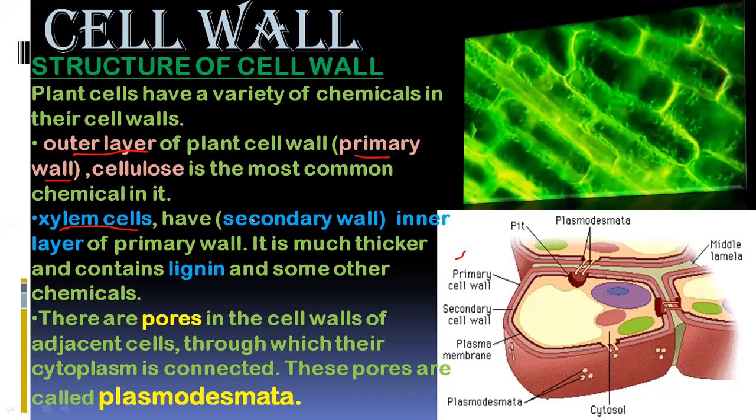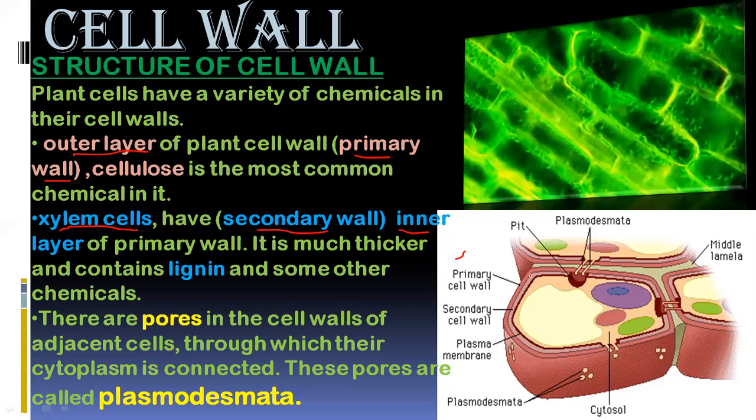So for more toughness, they have another wall inside it, called the inner wall or secondary wall, inner to the primary wall. So the cell wall has two layers, outer and inner. The outer is called the primary cell wall because it arises first, and the secondary cell wall arises next to the primary cell wall.